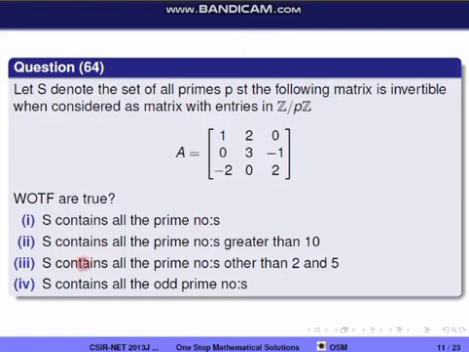S contains all prime numbers other than 2, 5. This is also correct. S contains all odd prime numbers. Odd prime numbers include 3, 5, so the element 5 is coming, but S does not contain the element 5. So this is also false. So the correct options are 2 and 3.